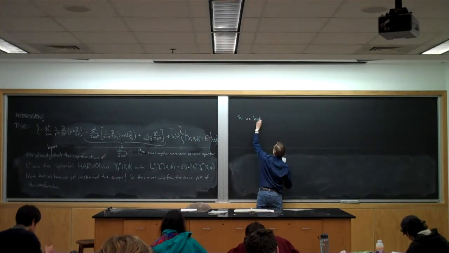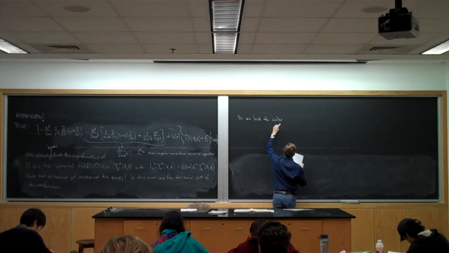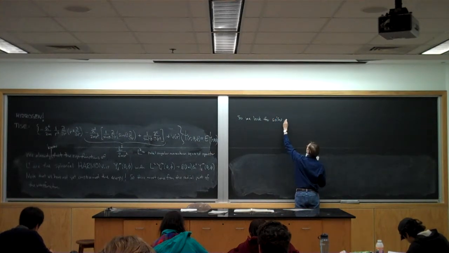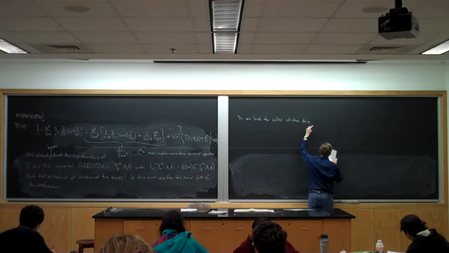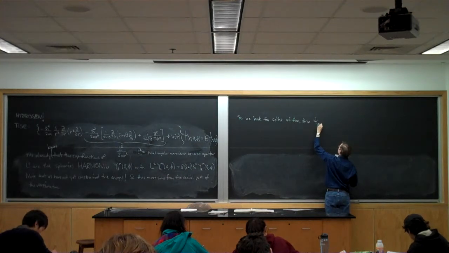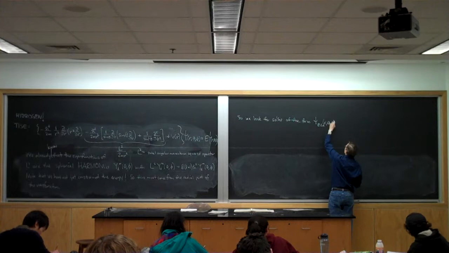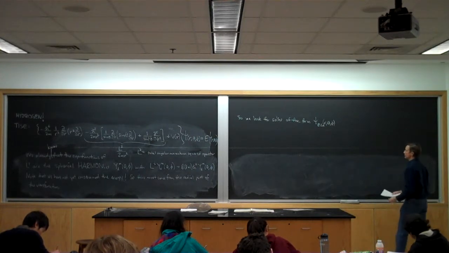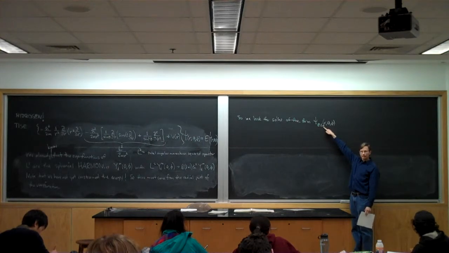So what we're going to do is look for solutions of the form psi, and we'll label it with E, L, M, of r, theta, and phi. So in other words, we're looking for wave functions which are eigenfunctions of L squared and also L_z.